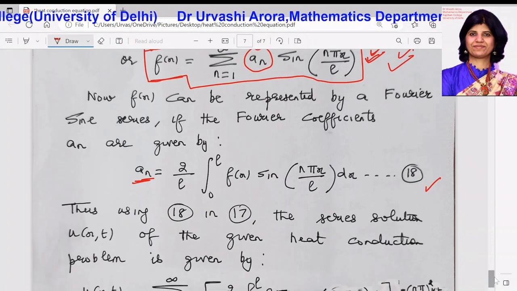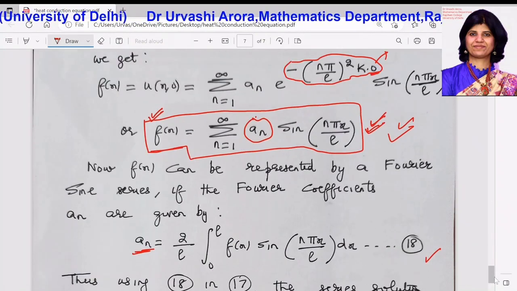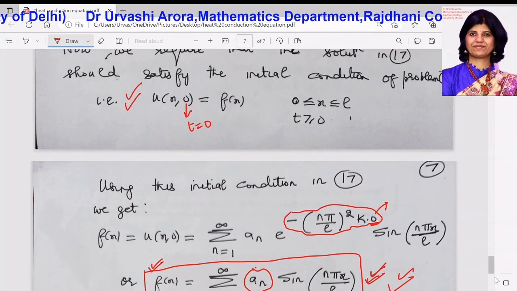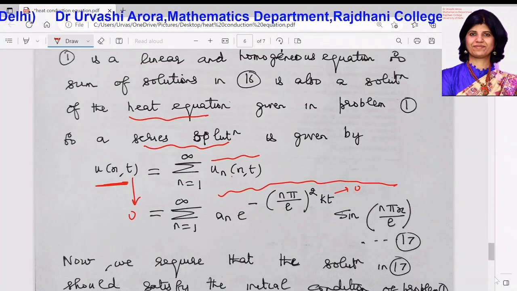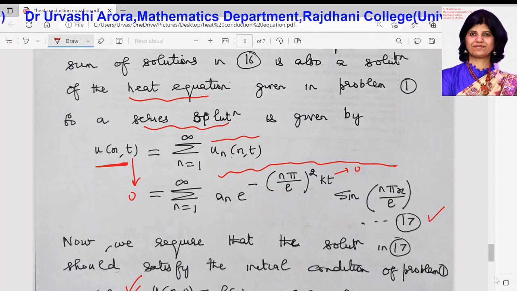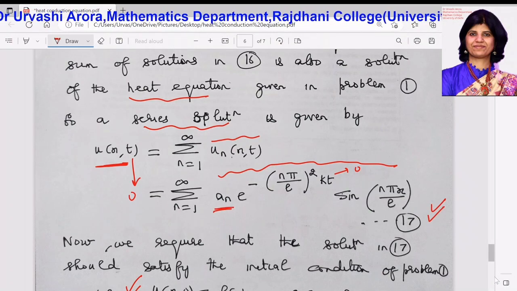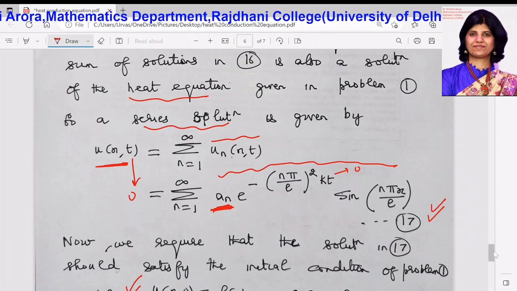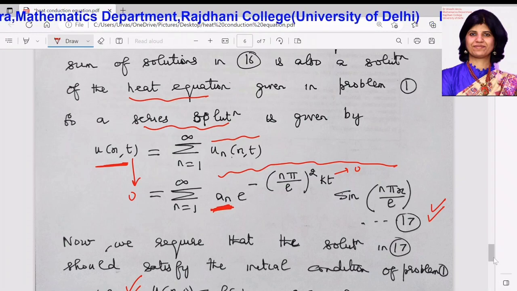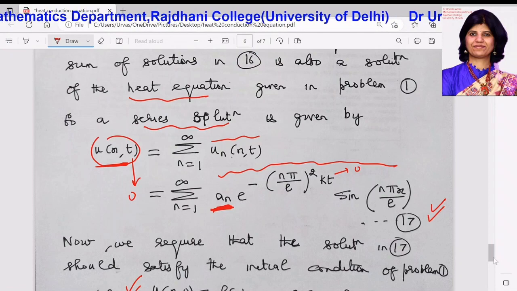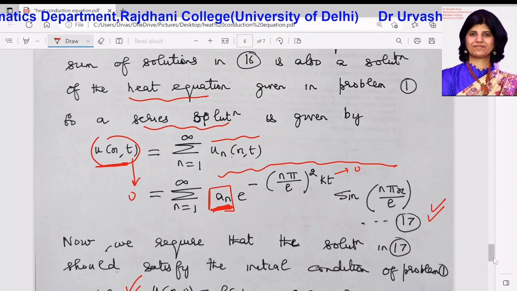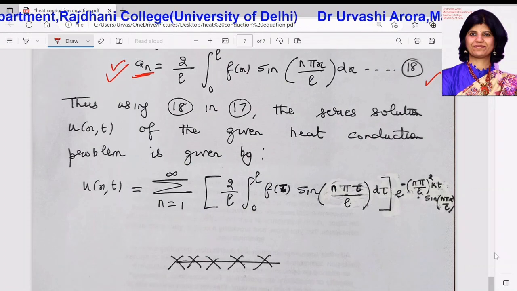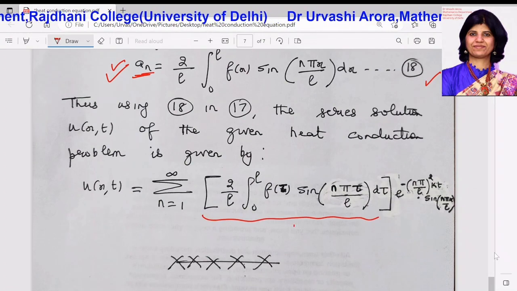So these are the values of the coefficients a_n, and now we just substitute the values of these coefficients a_n in the solution. The solution was given by 17. The a_n are Fourier coefficients. Using the value over here, u(x,t) comes out to be the summation, where we substitute the value of a_n.